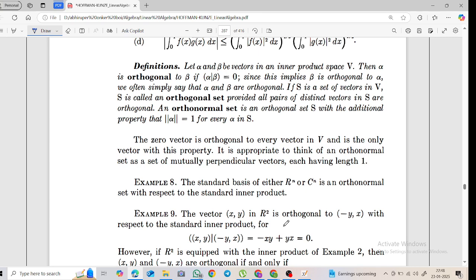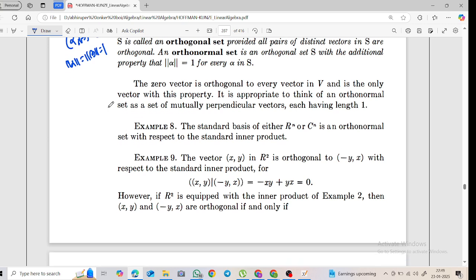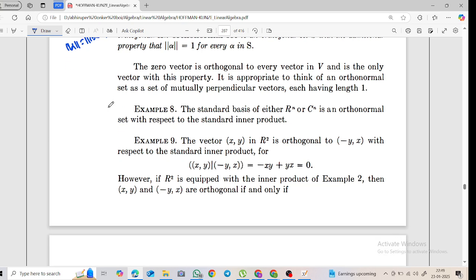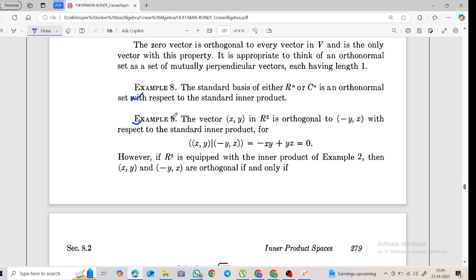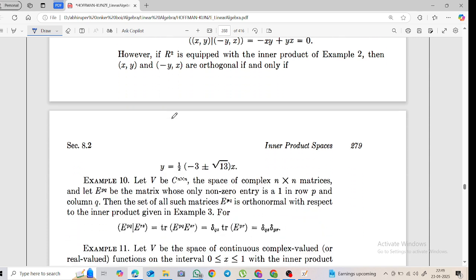So you know the definition: alpha is orthogonal to beta if the inner product is 0, and orthonormal if this is 0 with norm alpha, norm beta equal to 1. Okay. These are some examples, you can figure them out yourself. These are not very hard examples.